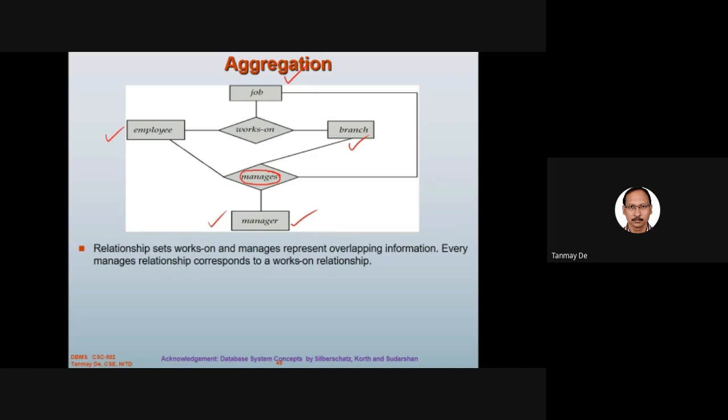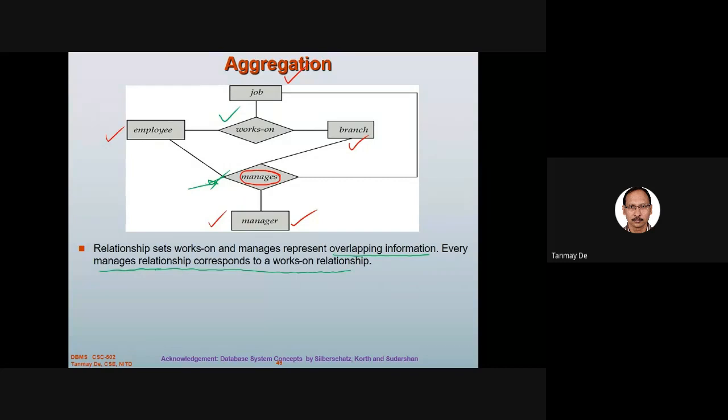But here, these relationship sets, work on and this manages, I just changed the color. This work on relationship and this manages relationship contain some overlapping information. Every manages relationship corresponds to a work on relationship. That is, whatever is present in manages is also present in work on.